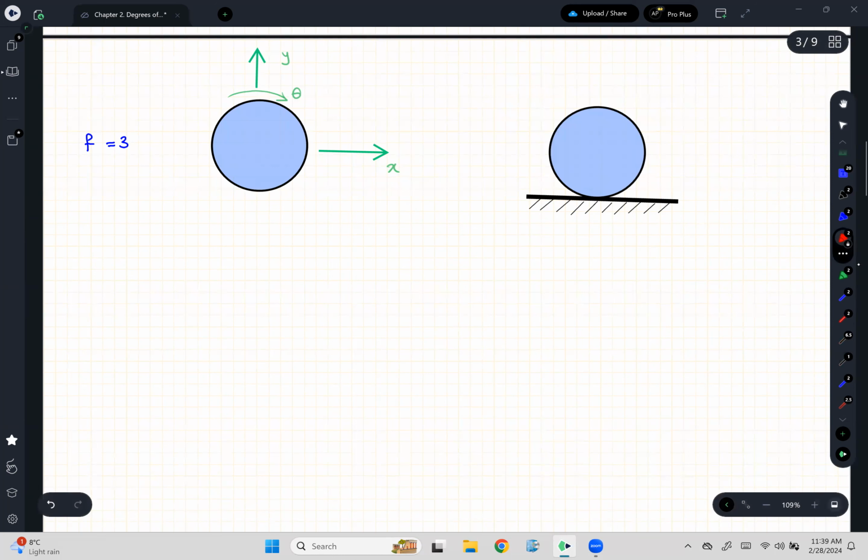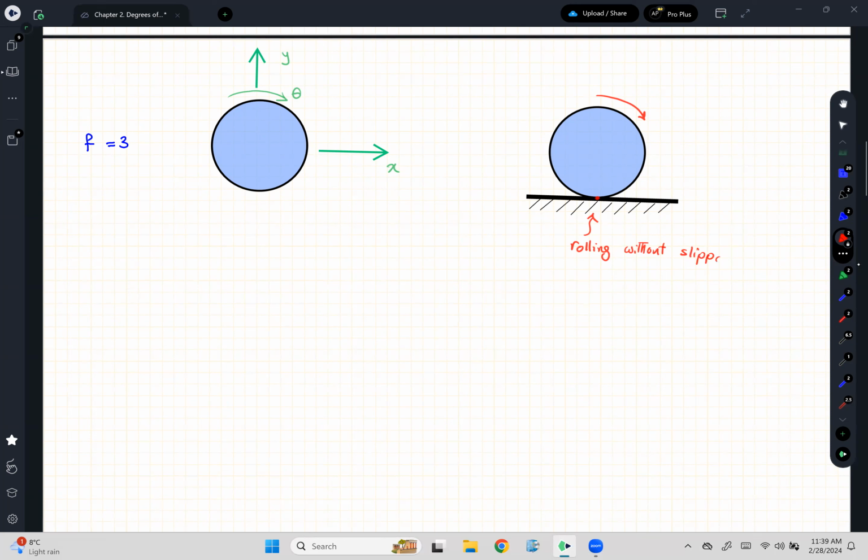Now, I'm just going to claim for now that this disk can only roll, or it's rolling without a slippage, or without the slipping. What does it mean?